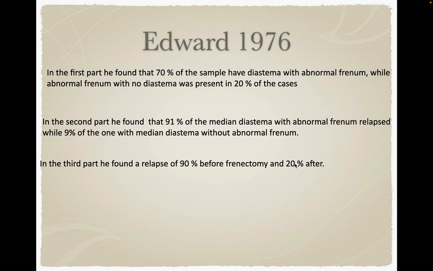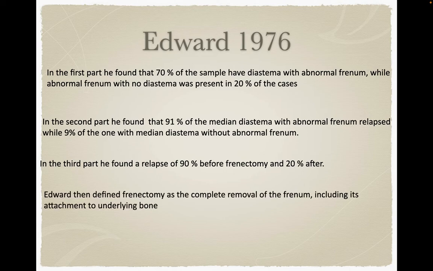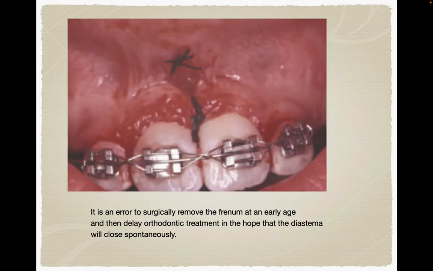So from this work, we can conclude that the high frenal attachment plays a major role in causing the median diastema and causing relapse of the median diastema, and it will need to be removed in order to achieve more stable results.